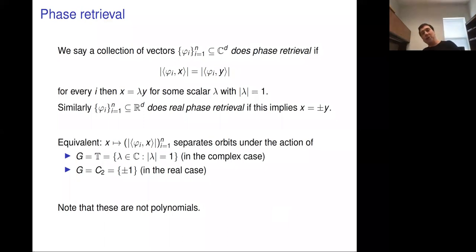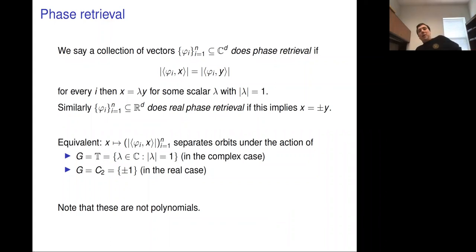Certainly, if you have x equals lambda y then that absolute value equation is always going to be true. So you can never get around that. But it turns out, depending on your choice of these vectors phi_i, there could be other x and y pairs that satisfy that equation. And if we're working over the real numbers, we only care about plus and minus 1 instead of all possible complex scalars of unit modulus.